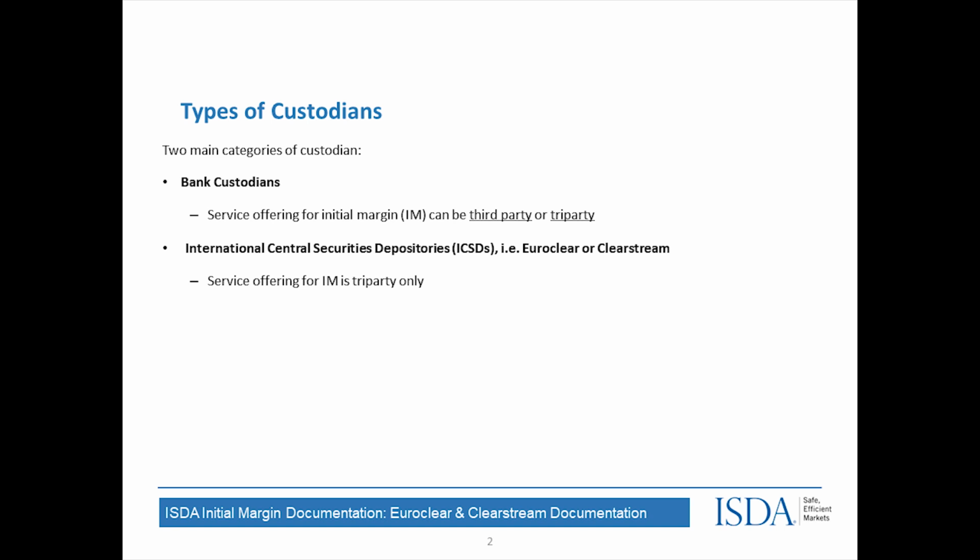And bank custodians can probably further usefully be broken down into tri-party and third-party, which is sometimes a confusing nomenclature. Tri-party, first of all, means that a lot of the collateral functions are automatically carried out by the custodian. The pledgor and the pledgee, and indeed the custodian, agree what collateral is eligible, and that will be in a trilateral eligible collateral schedule.